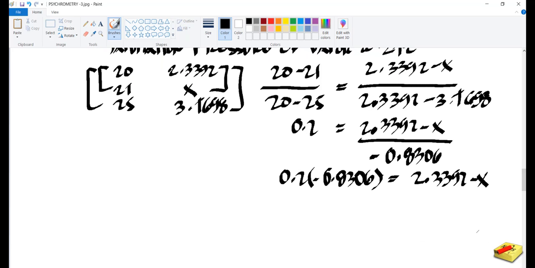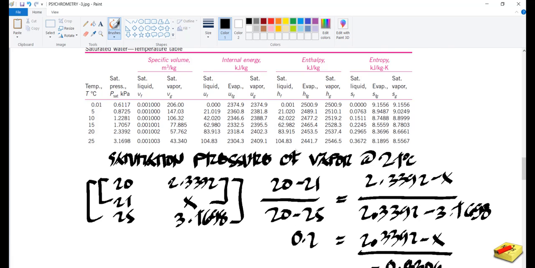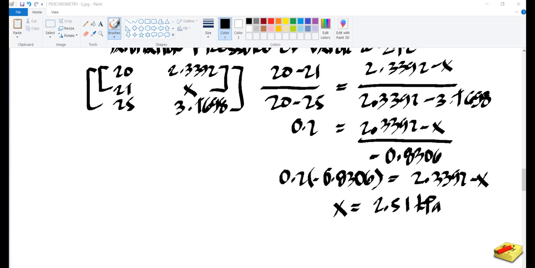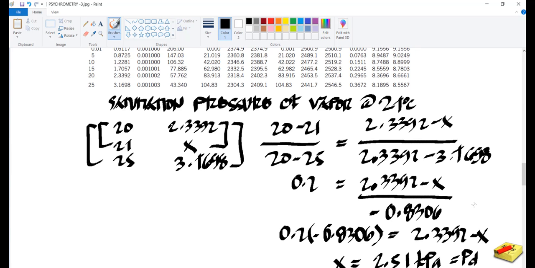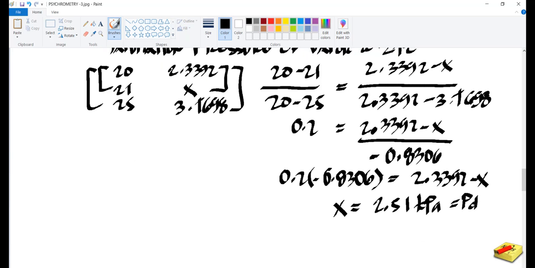Then finally we have the value of x. So we have the value of 2.51. So that will be in terms of kPa now. So we can use that value for the saturation pressure. So this will become our PD, no? Saturation pressure of water vapor at 21 degrees.